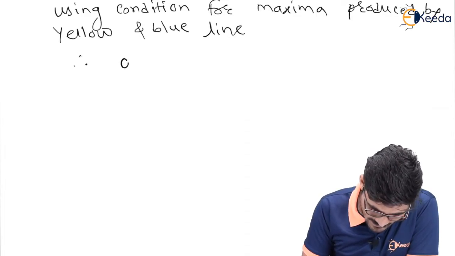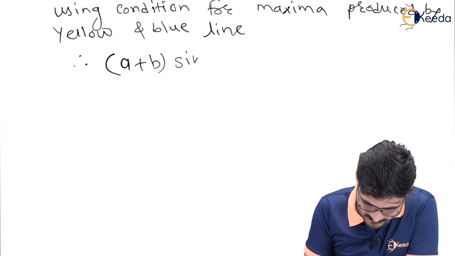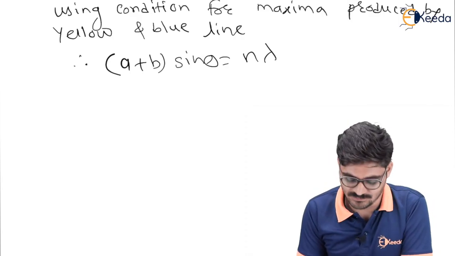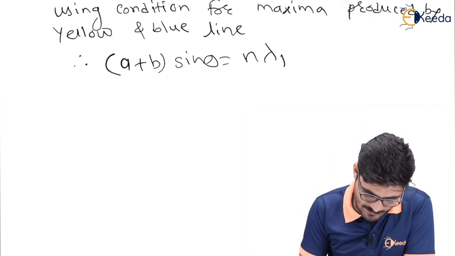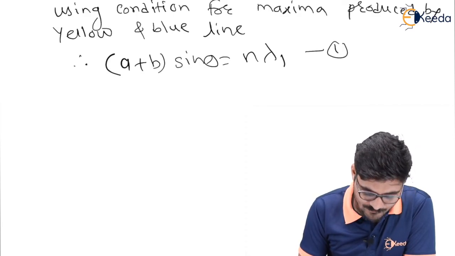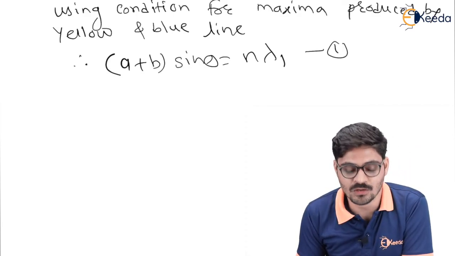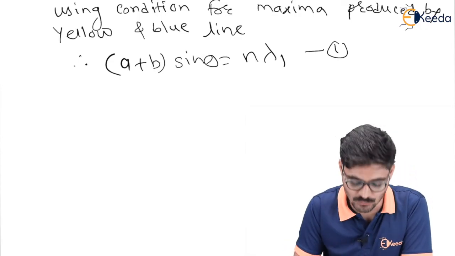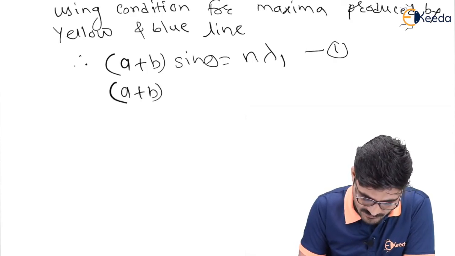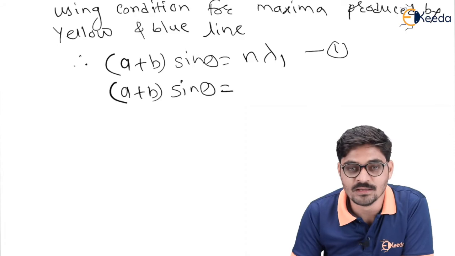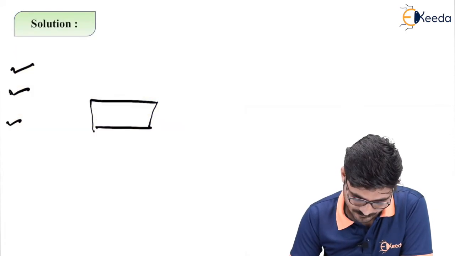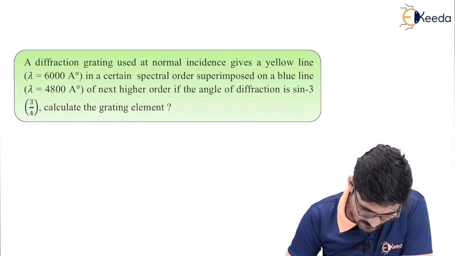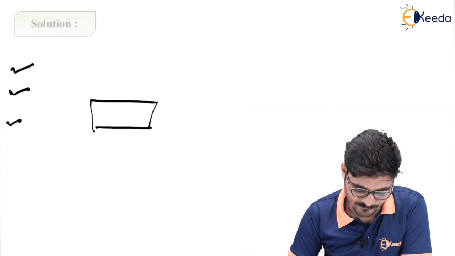Therefore (a plus b) sin theta equals n lambda, but 2 wavelengths are there. Here it is lambda 1. This is equation 1. Then again for the second line, the blue line of the next higher order, (a plus b) sin theta would be (n plus 1) lambda 2.